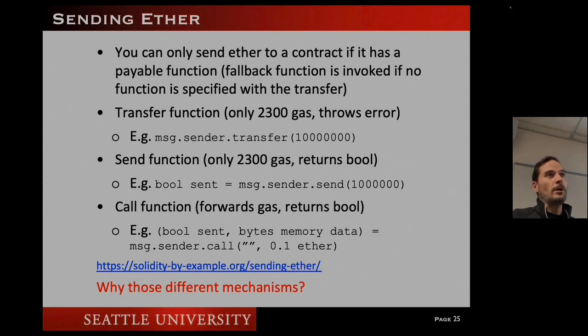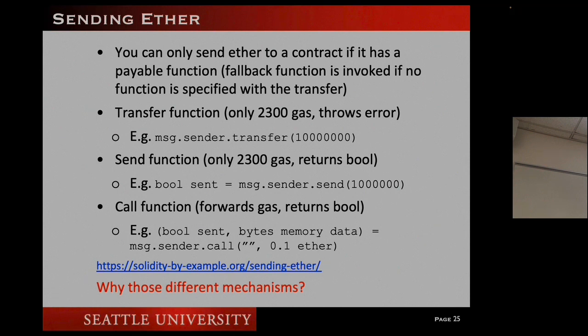So why do you think there's all these different mechanisms, and why does it only send 2,300 gas versus forwarding the gas? So there's two aspects, how the error gets communicated. So Duke said if you want to make sure that the entire state gets rolled back, then you want to use the first one because it will throw an error and everything gets reverted back.